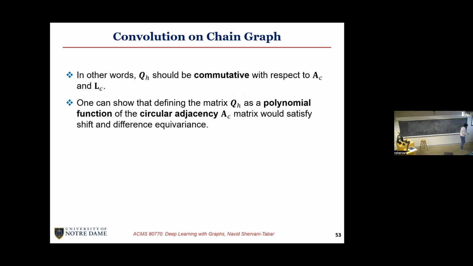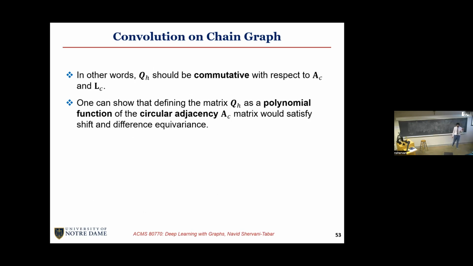Now one can show that if I want to define such a matrix on a circular graph, on a chain graph or a ring graph, that is equivariant with respect to shift, it should be equivariant with respect to the difference as well.